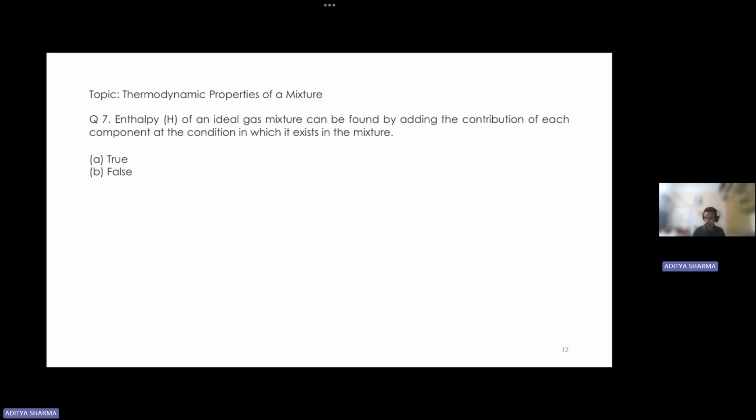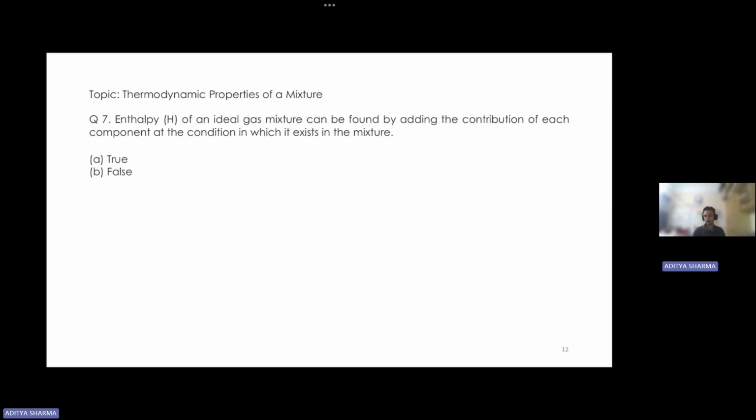So whether this statement is correct or not, we know that enthalpy is also one of the properties that can be calculated by directly adding the enthalpies of different components of a mixture to get the total enthalpy of the mixture, right? This is the case for entropy also.